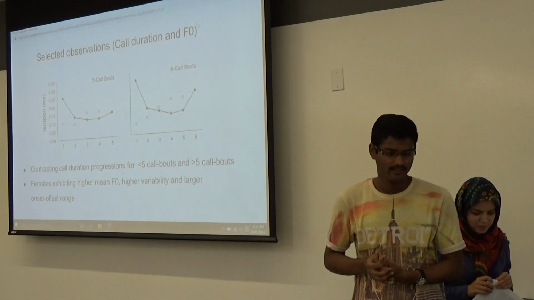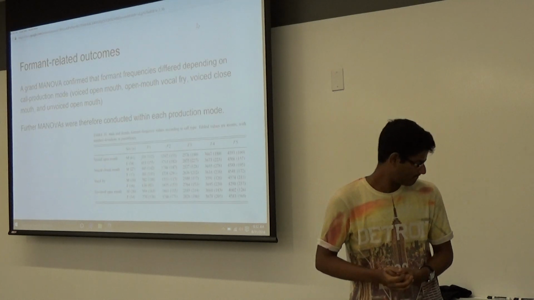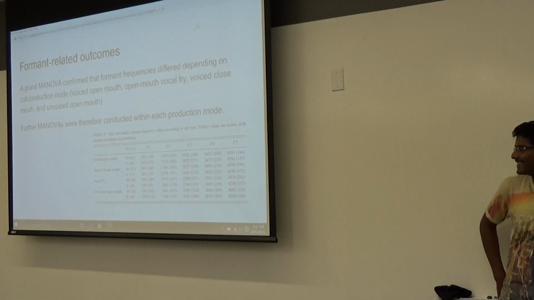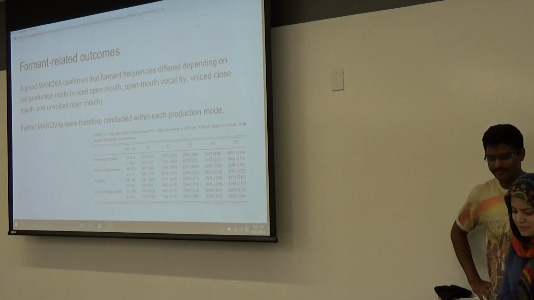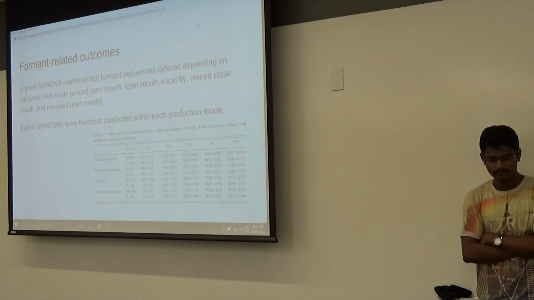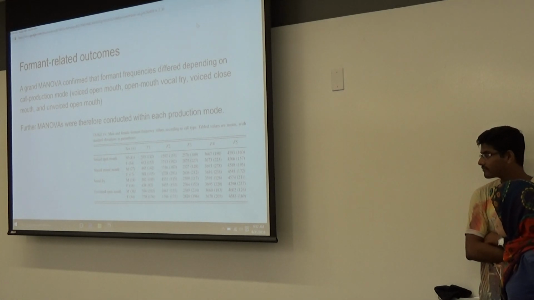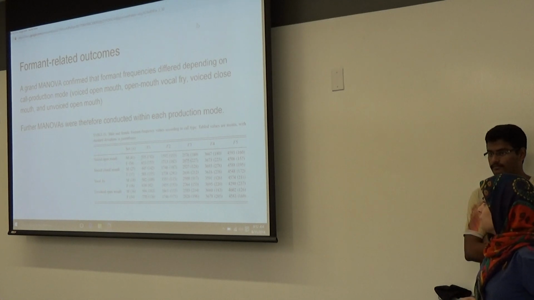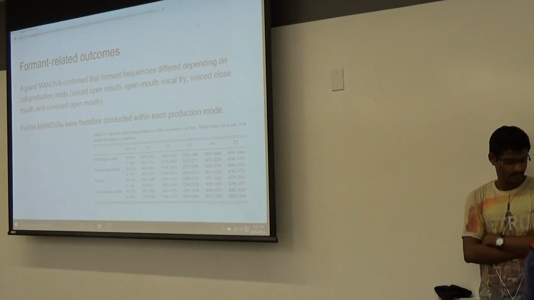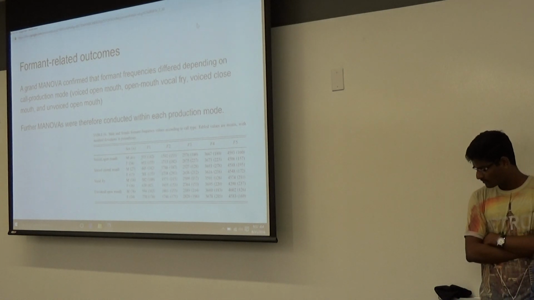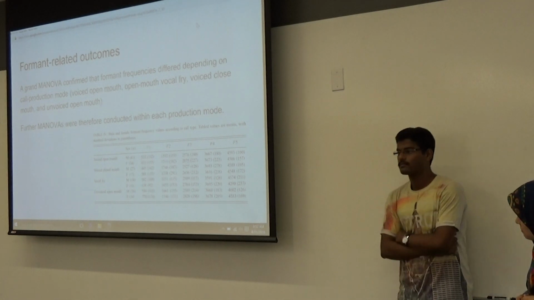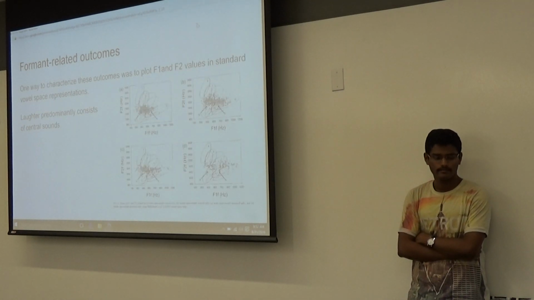Okay, so I'm going to go very quickly. There are 2 other experiments in the paper. One is on the formant-related outcomes, with mean values and standard deviations for the different production modes for females and males.